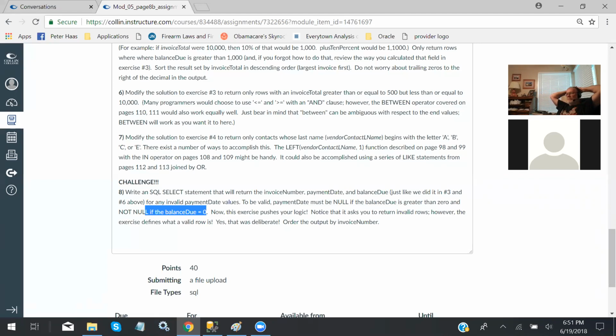Okay. Now, if you read this one here, challenge, when it says to be valid, is this? Oh, here. Any invalid payment. Okay. To be valid, it is null and balance is greater than 0. Okay.